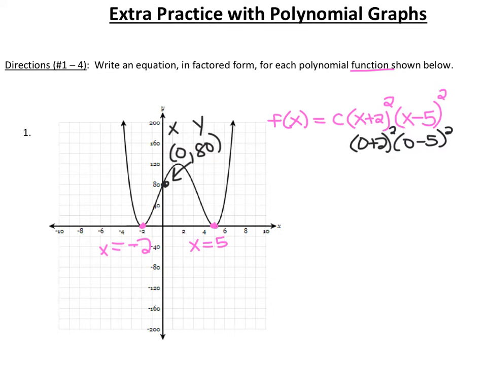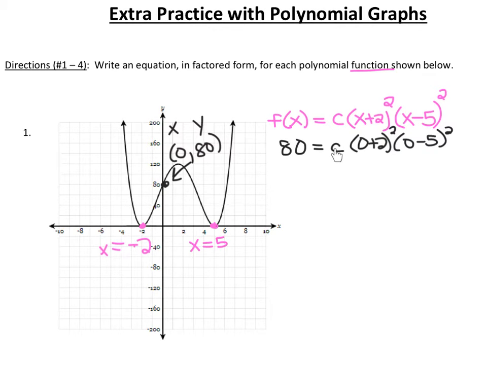Now, the y value is 80, and we know f of x is representing y, right? Isn't that another way to represent a y? So I'm going to replace this f of x with the y value of this point that we chose from the graph, an 80. And then I'm going to bring down my equal sign, and I'm going to bring down the c. So basically what we're doing is we came up with a general format for this function, but we need to find the leading coefficient.